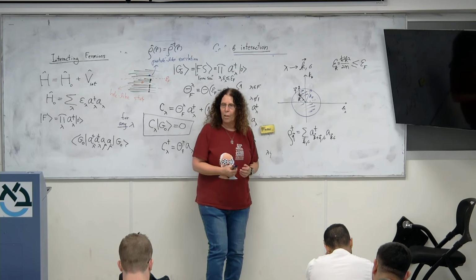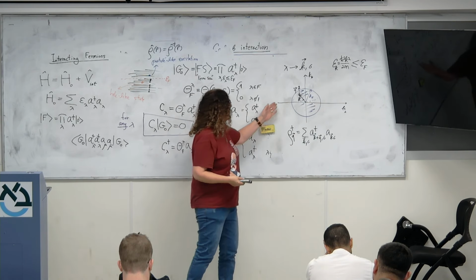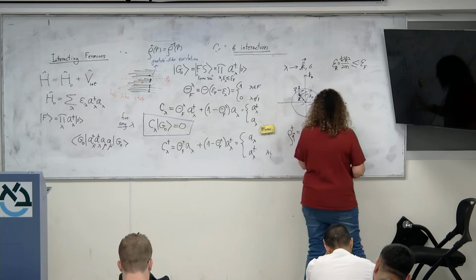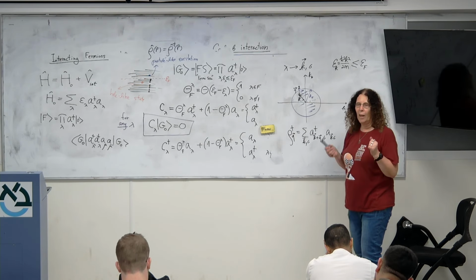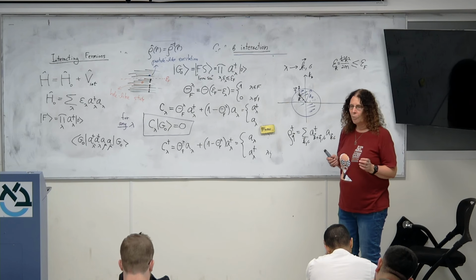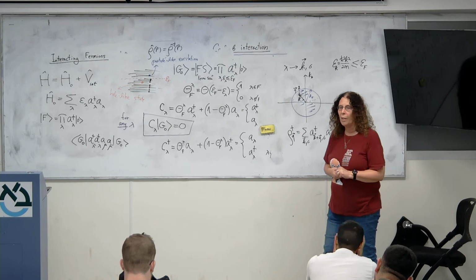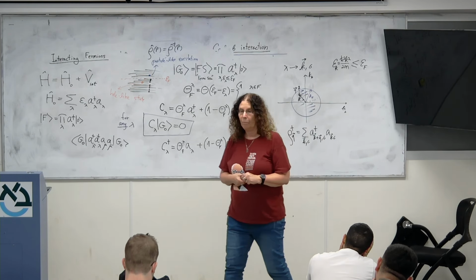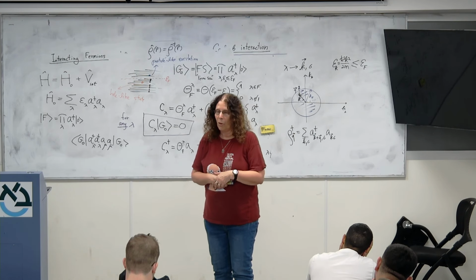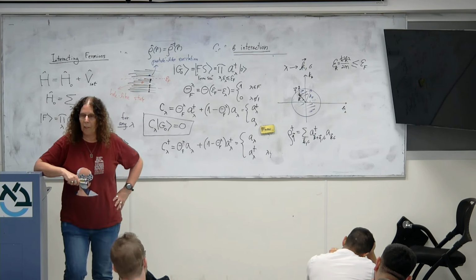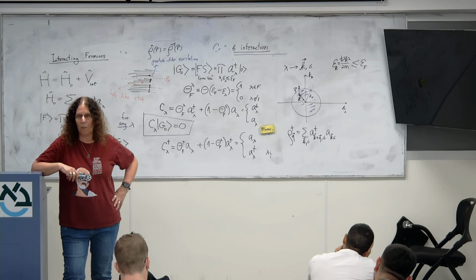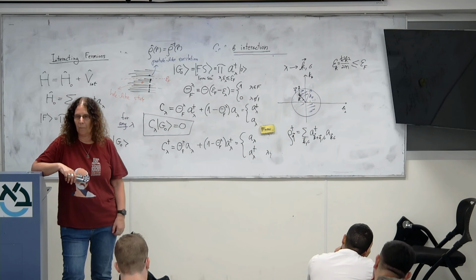I have to do the calculation. But altogether, what each of these terms is doing is creating an electron-hole pair, or what we can call an exciton. You don't have to call it that. It's an electron-hole pair. And these are the elementary excitations that are generated by applying a density operator.